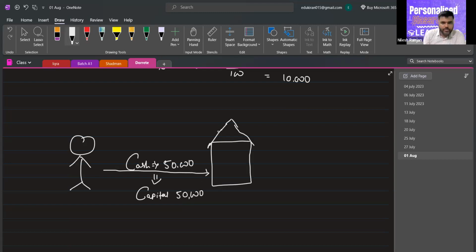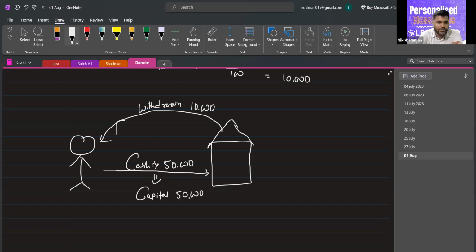And drawing means you are withdrawing money for personal use. When you invested money into the business, your capital increased. Now you are getting your money back from the firm, not the full amount, only some portion. You invested 50,000, but you are taking back 10,000.